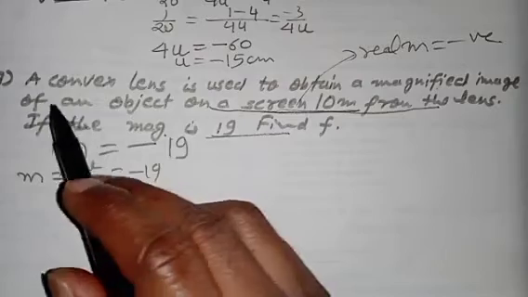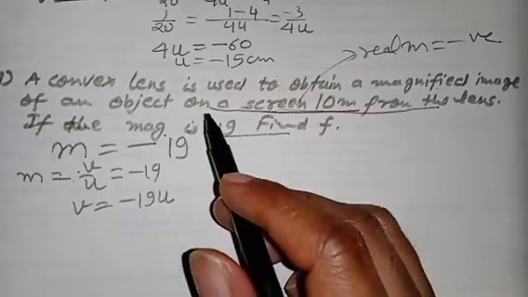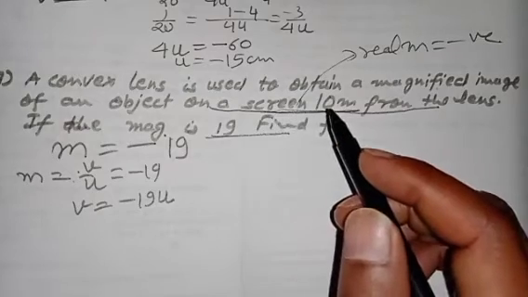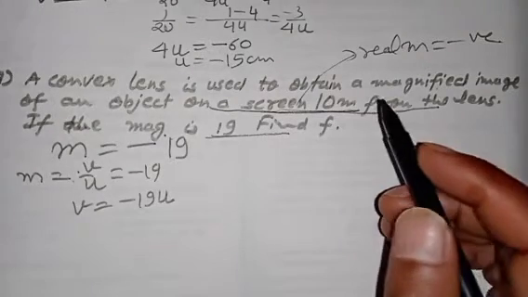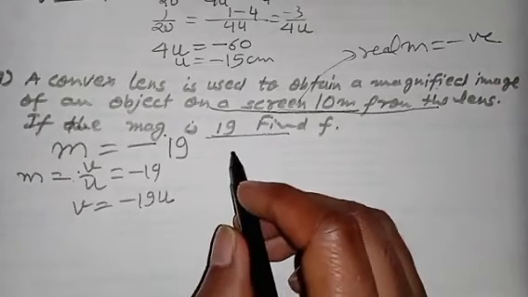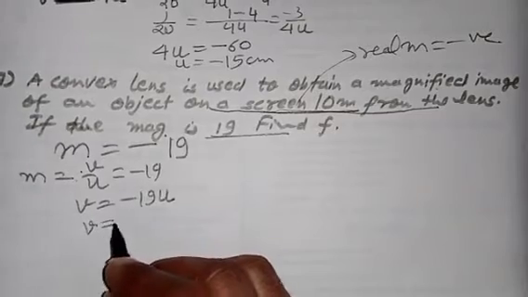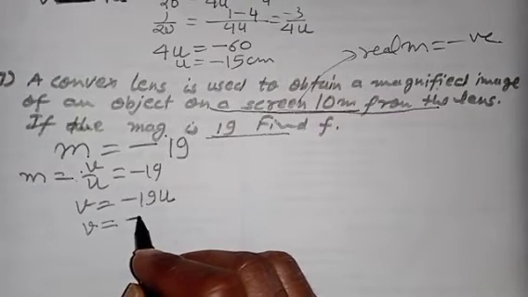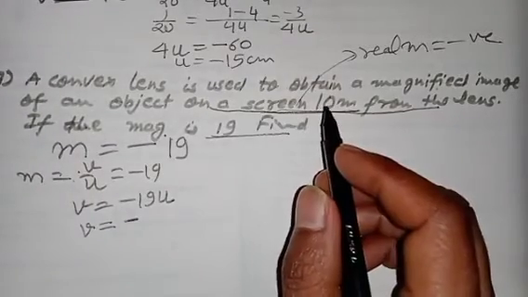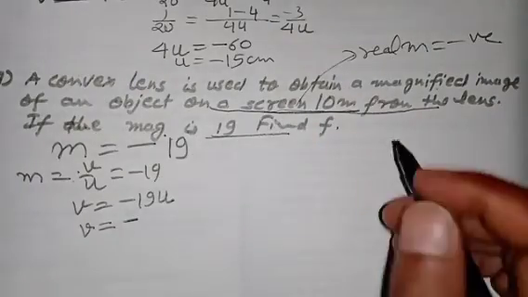What else? The convex lens is used to obtain the image of an object on a screen 10 meter from the lens. So this is the distance of the image, so we can directly put it here. If it is a real image, then it will be on the other side.